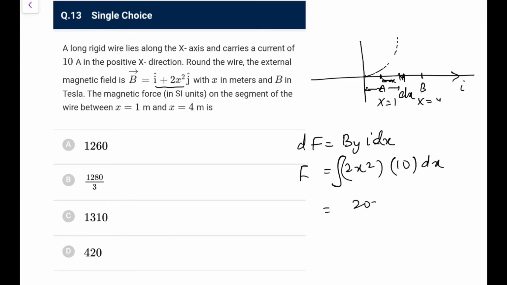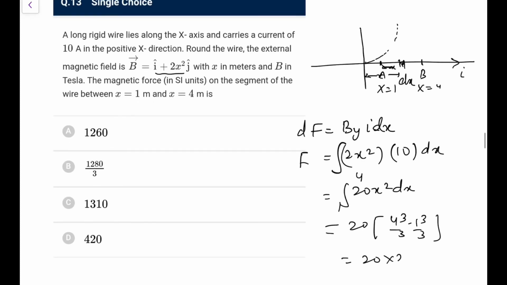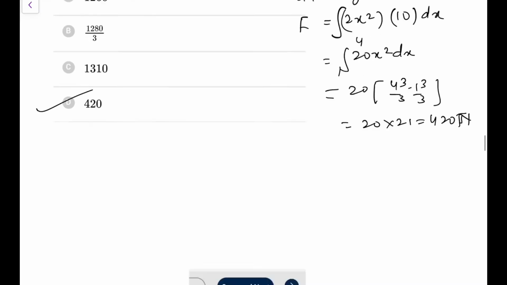So what you have, 20x square dx, just integrate it from 1 to 4. So it was looking tough, but it isn't tough. X cube by 3, that is 4 cube by 3 minus 1 cube by 3, 64 minus 1, 63 by 3, that is 21, 20 into 21 is 420 Newton, that we will go for. So option D is the answer that you will get, and just check what would be the direction.